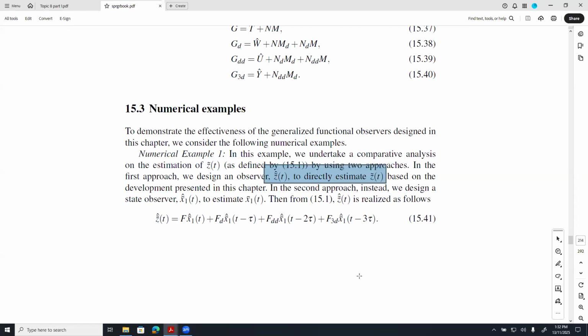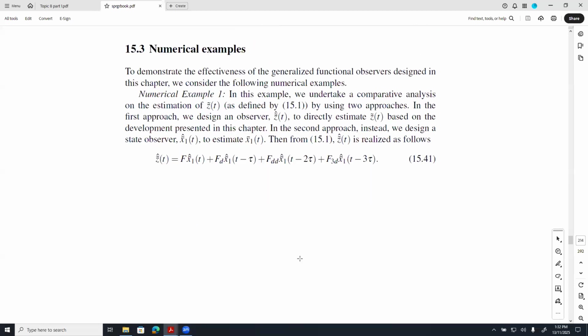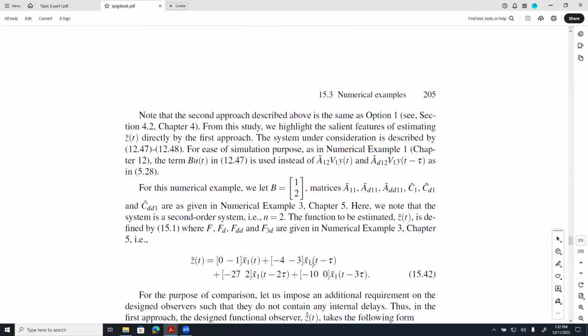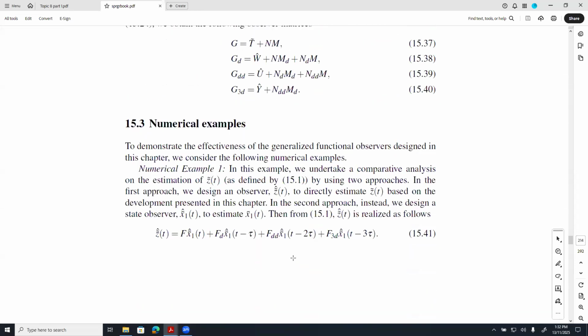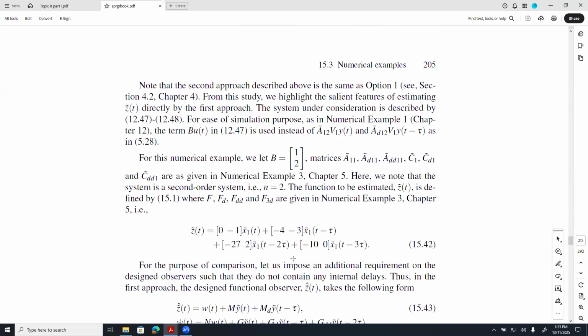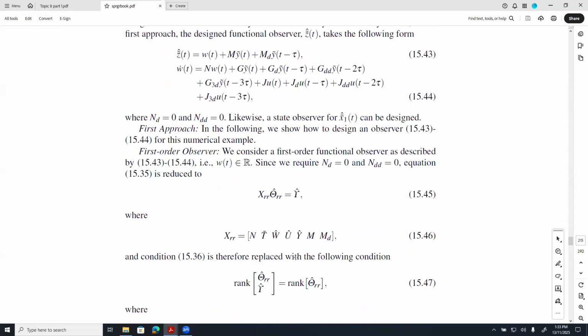If you recall from our previous discussion, we already demonstrated the advantage of estimating a generalized functional observer directly, in terms of fewer hardware components and better transient response. This numerical example will just further reinforce that, and we systematically explain the process behind it.